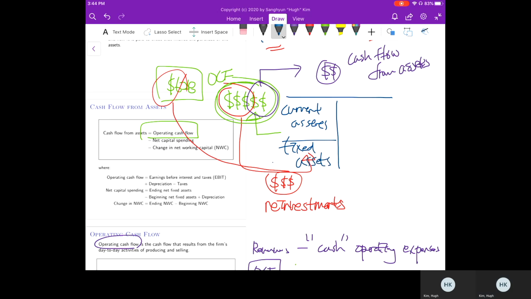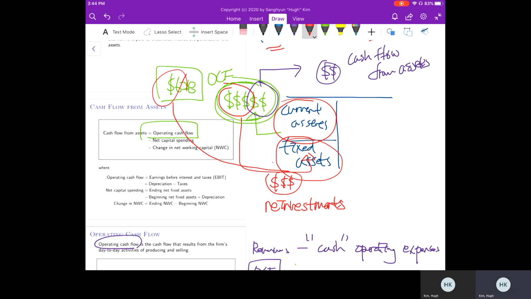The firm must reinvest in fixed assets, and also must reinvest in current assets.